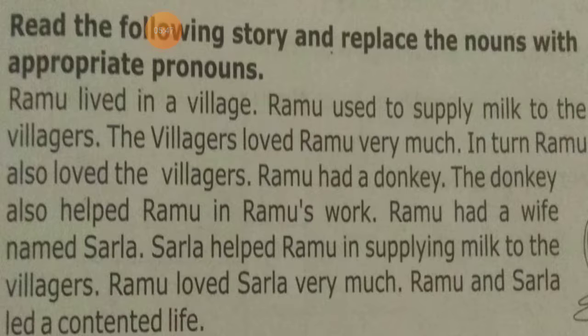The donkey also helped Ramu in Ramu's work. Ramu had a wife named Sarla. Sarla helped Ramu in supplying milk to the villagers. Ramu loved Sarla very much. Ramu and Sarla led a contented life.